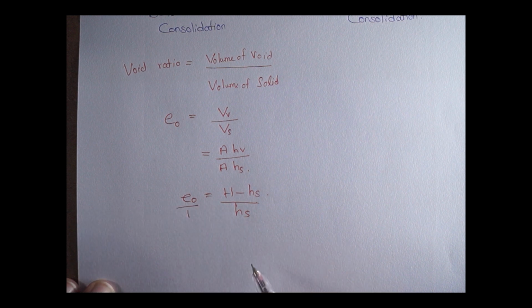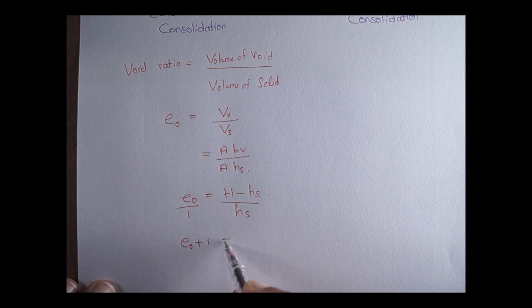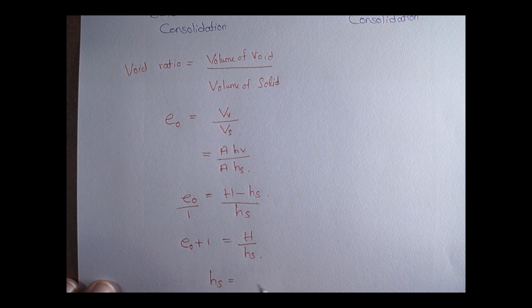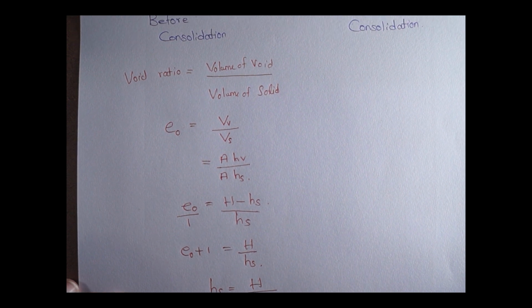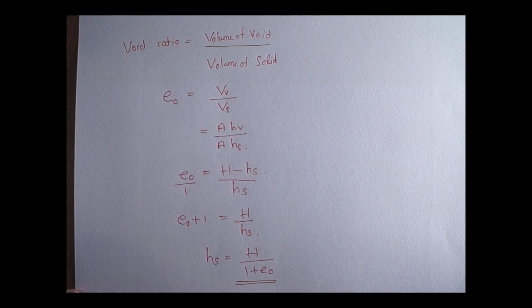Bringing the denominator to the numerator, E naught plus 1 is equal to capital H over HS. So HS is equal to capital H over 1 plus E naught. So we now know HS in terms of capital H and the initial void ratio.